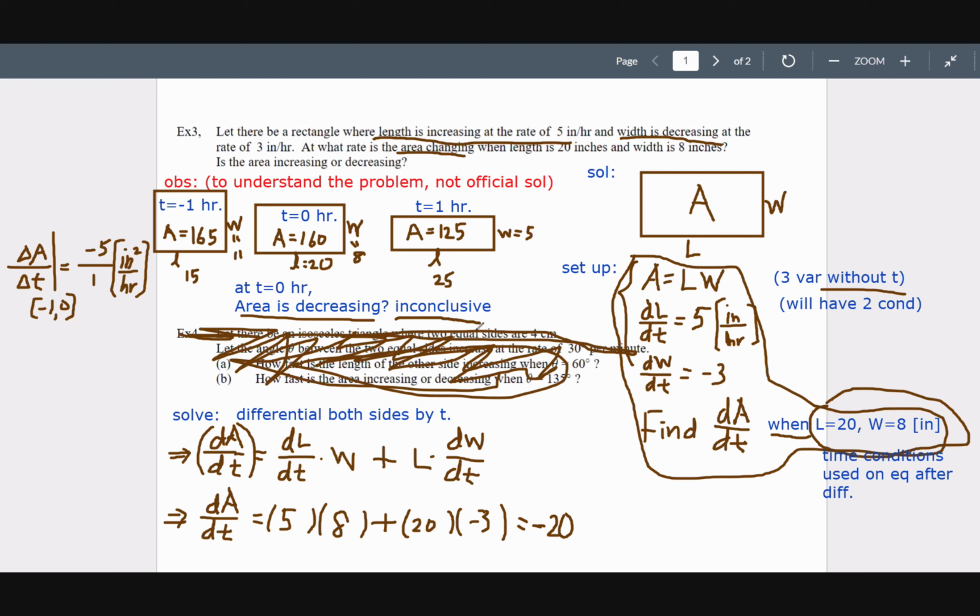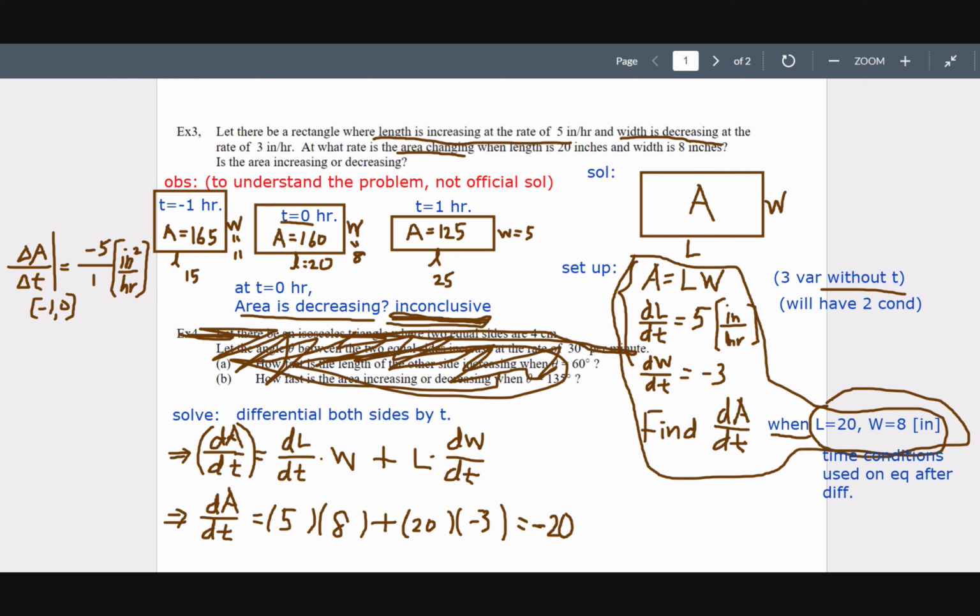So in this case, it turns out it is decreasing. Inconclusive means study harder, study further. That's what it means. Okay? All right, so this is it.